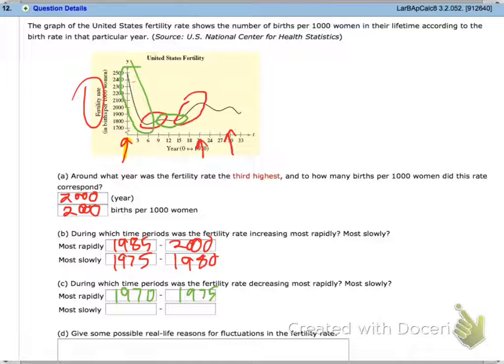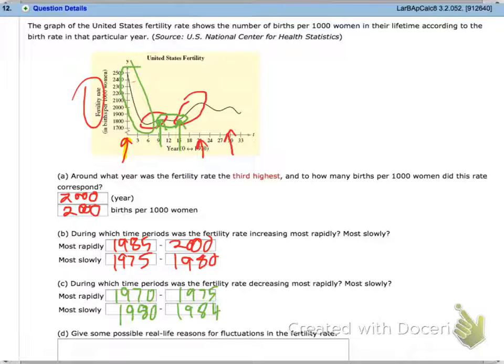It's about 1980 to 1984, something like that. That's what I'm reading, because this would be the peak of that graph right there, about 1980, down to the valley, 1984, 1985-ish. Those are the two dates that correspond with that.